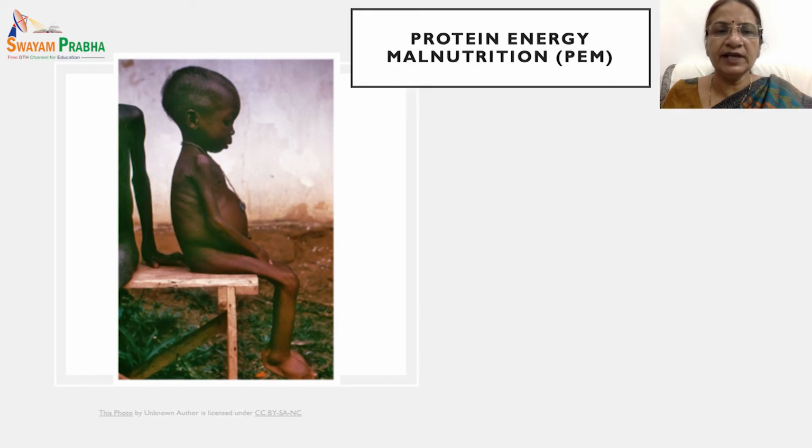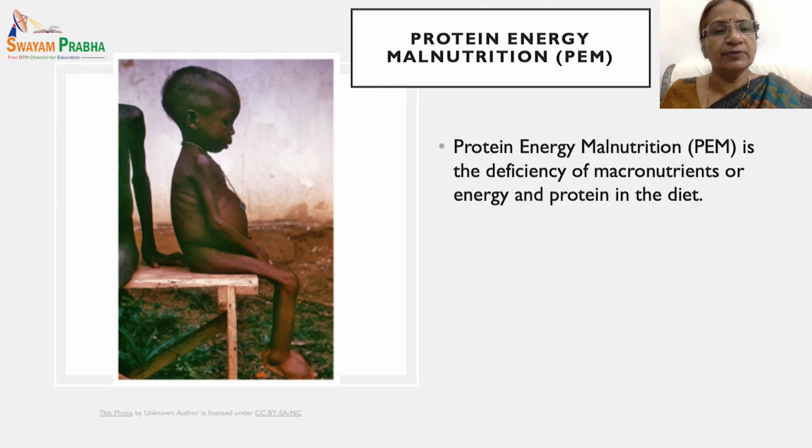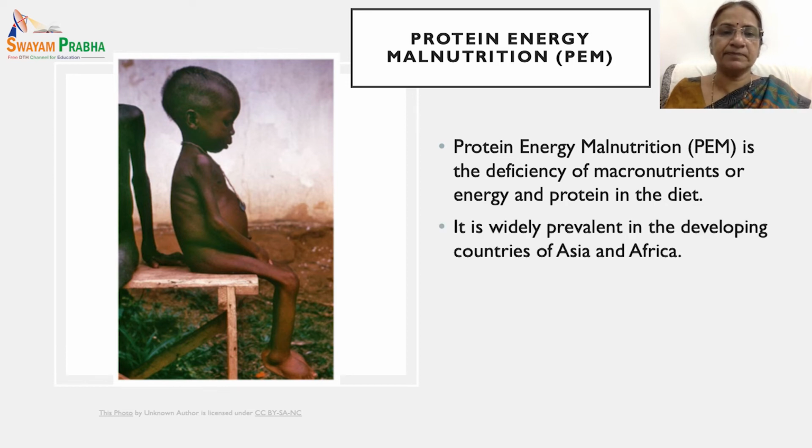Now, protein energy malnutrition or protein calorie malnutrition in children. Protein energy malnutrition is the deficiency of macronutrients or energy and protein in the diet and forms the most important nutritional deficiencies of public health significance.